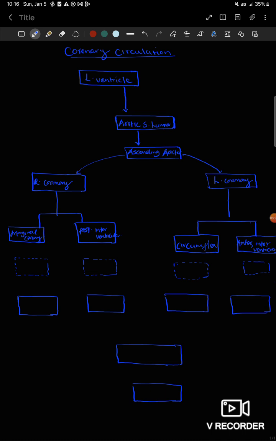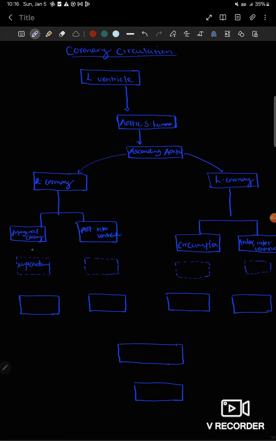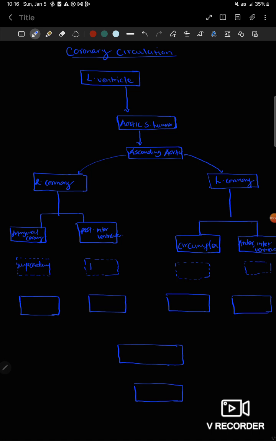After this, because those are arteries, they divide into arterioles and capillaries which supply the myocardium of the heart.